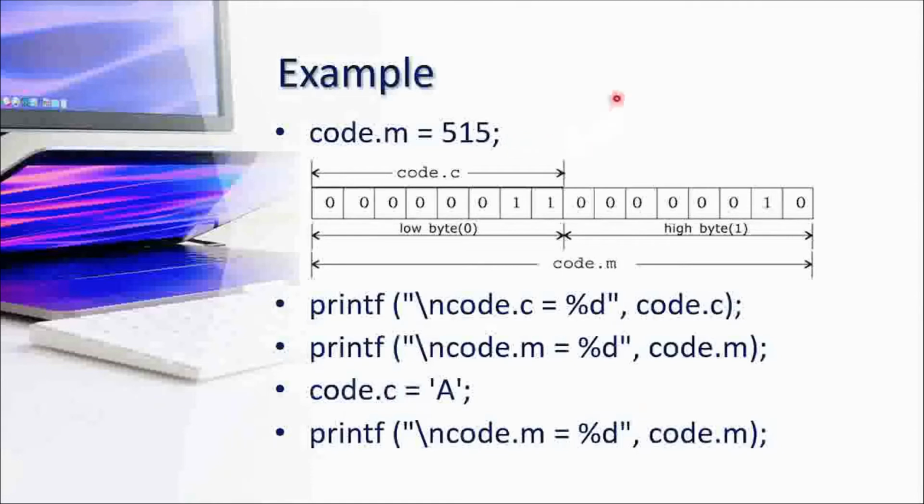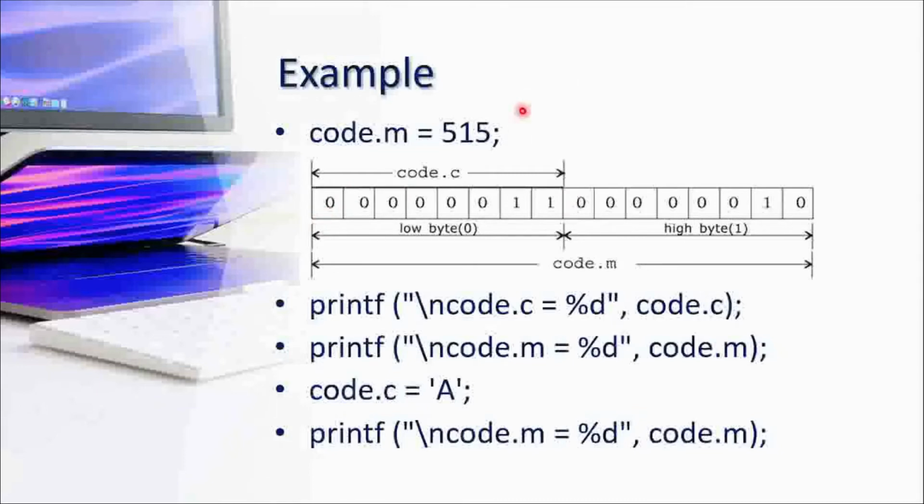But when the value is being stored into the memory location, the last 8 positions will be stored into the first byte. This is the way the integer value is stored inside the memory location: the first byte will store the last 8 positions.